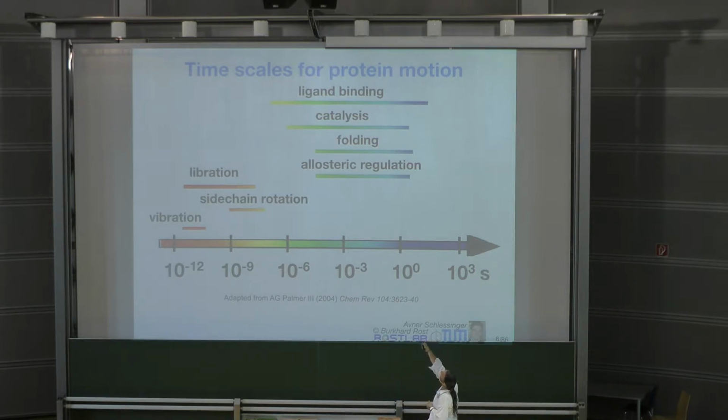So ligand binding and catalysis, folding goes on the scale of tens of microseconds to milliseconds, to in fact almost minutes. Allosteric regulation is the kind of large movements. Here is the kind of side chain rotation and vibration.